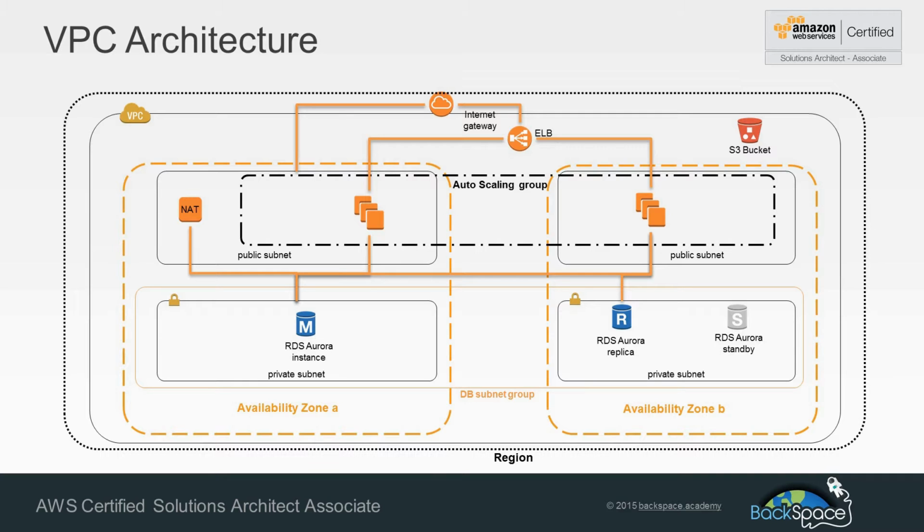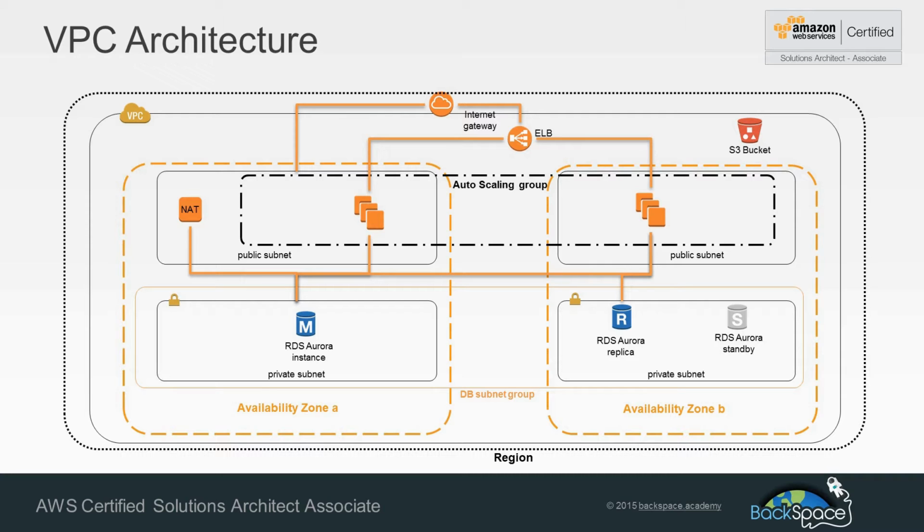To allow those databases to get updates through to the internet, we're going to have a NAT instance there. And that NAT instance will connect up through to an internet gateway to allow that to happen. Our internet-facing traffic will be handled through an elastic load balancer, and that elastic load balancer will distribute traffic across an auto-scaling group of EC2 instances that will contain our WordPress application.